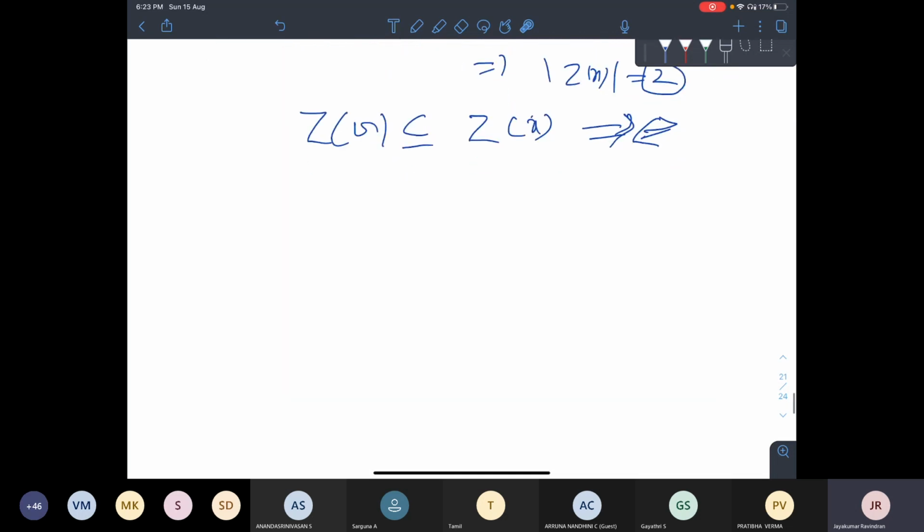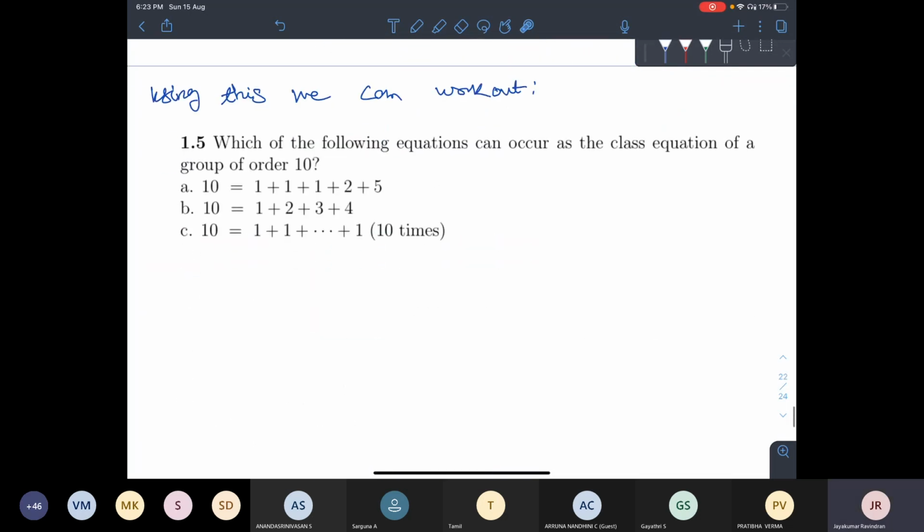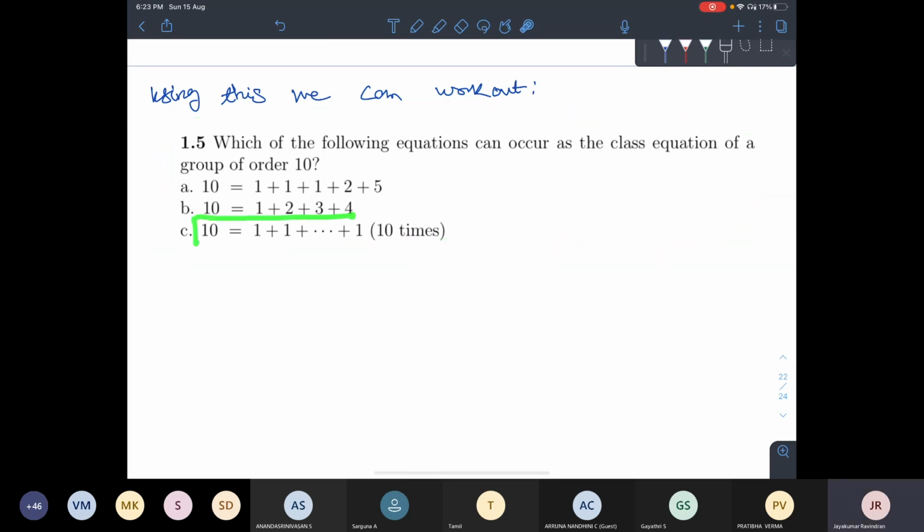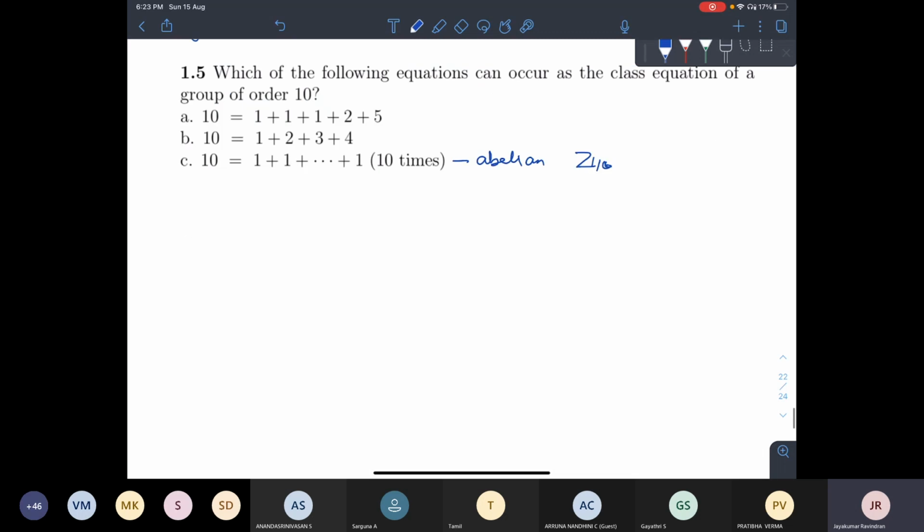We will go for the question. This is the NBHM question they asked. I told you whenever the 1 1 1 comes, this corresponds to abelian. We don't care about abelian. You take Z10, that will do. Now we will deal with these two things. 10 equals 1 plus 1 plus 2 plus 5.